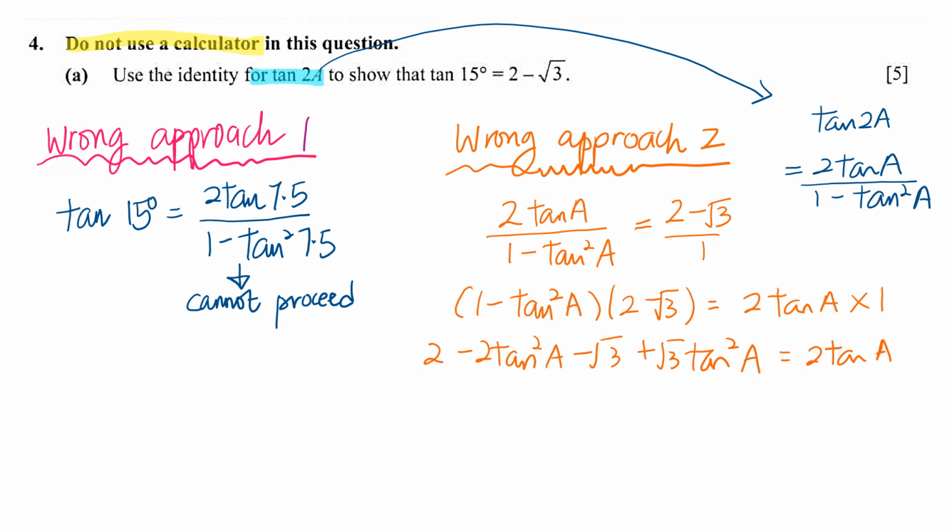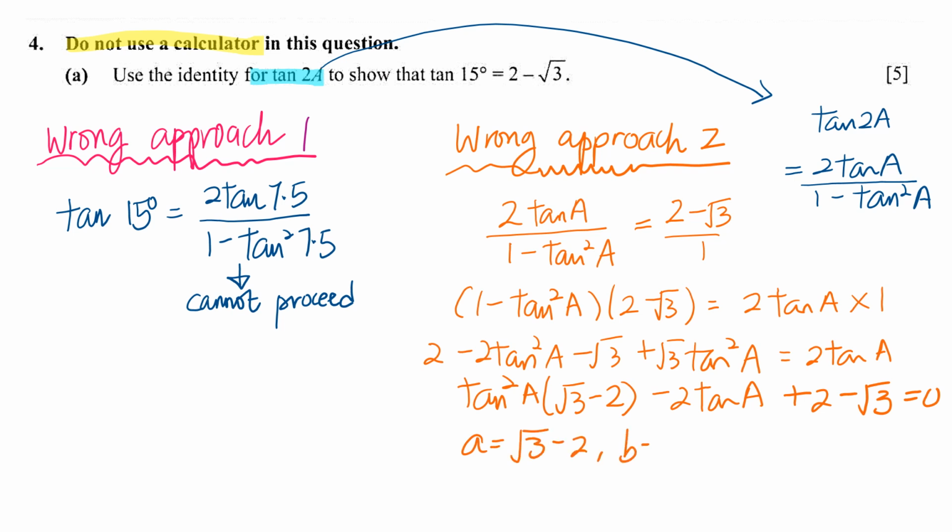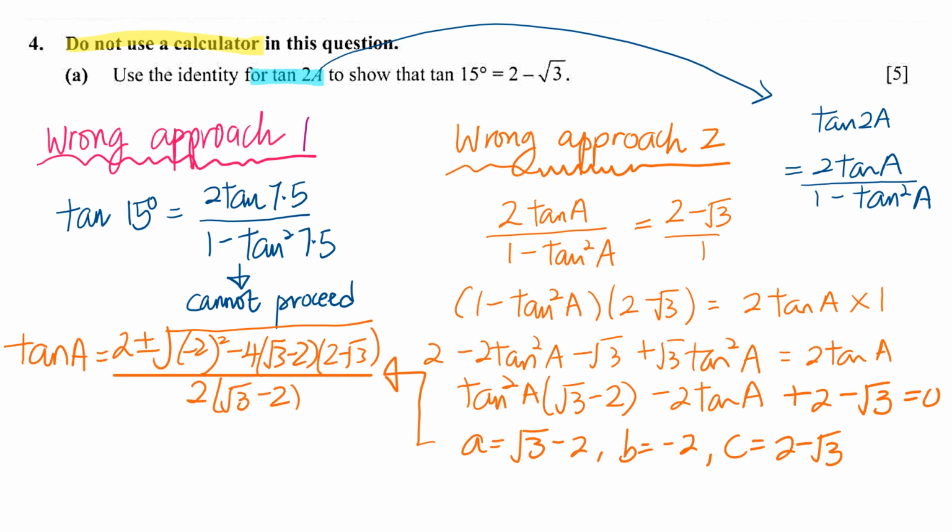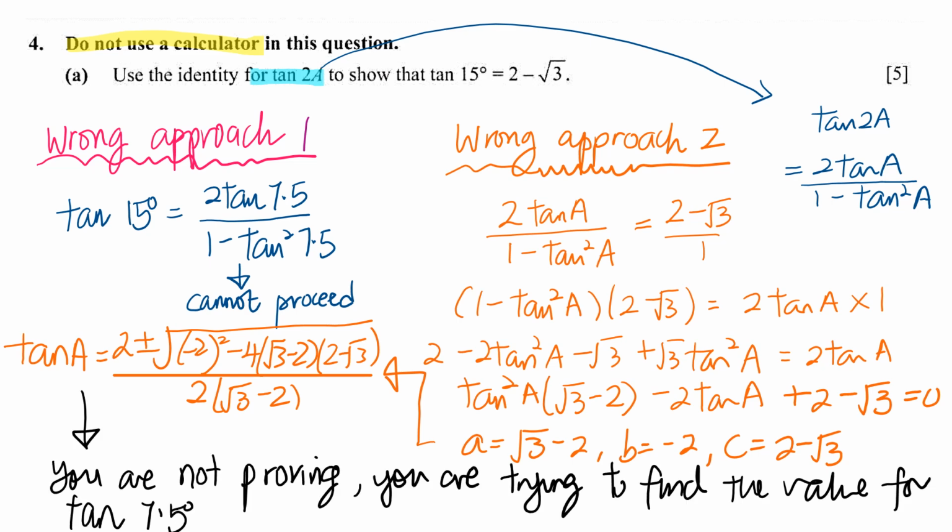You're just trying to solve the equation by finding the values for tangent A, which is actually trying to find the value of tangent 15. Right, so after doing all the hard work, you realize that, again, you can't continue. It's too difficult to continue, plus you're not actually doing any proving.